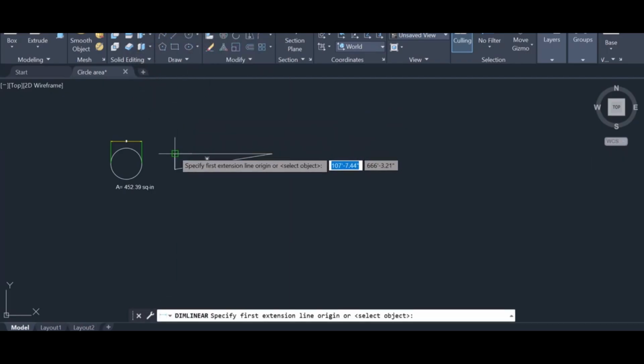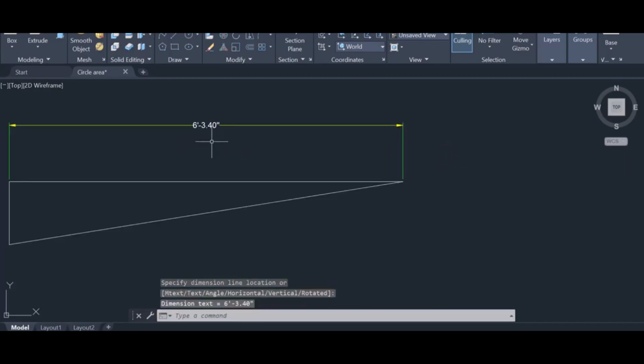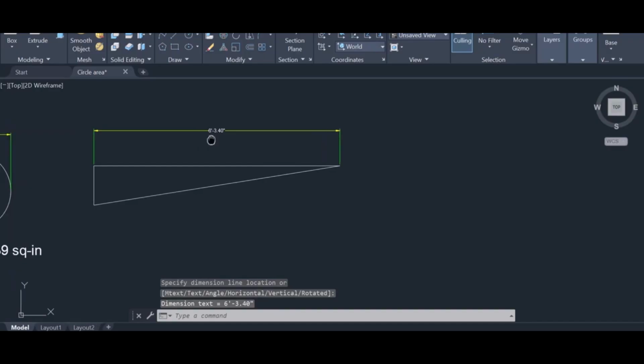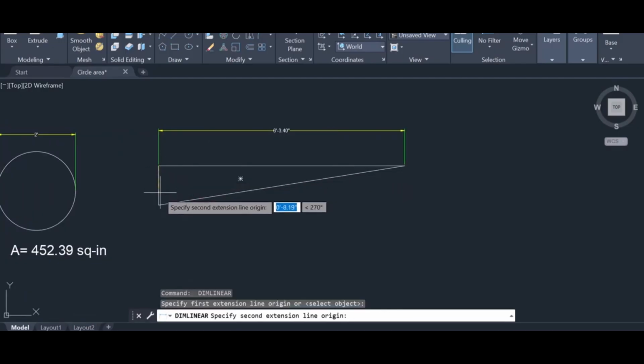Double short. Apply with the same thing, 3.4 inch. Radius.